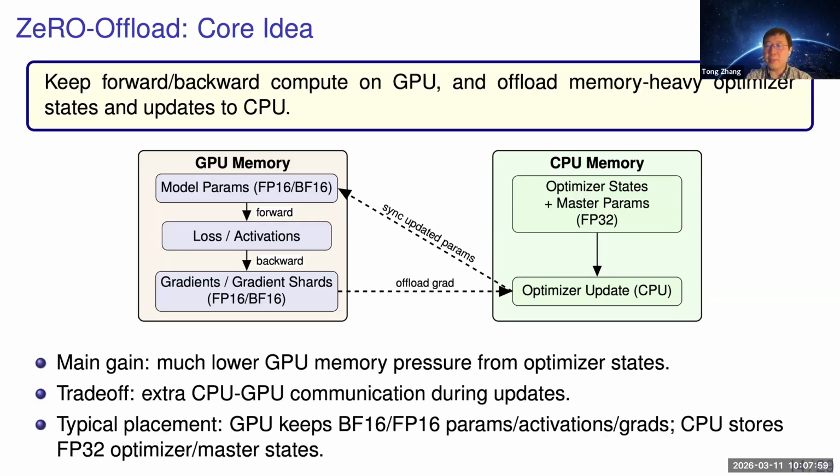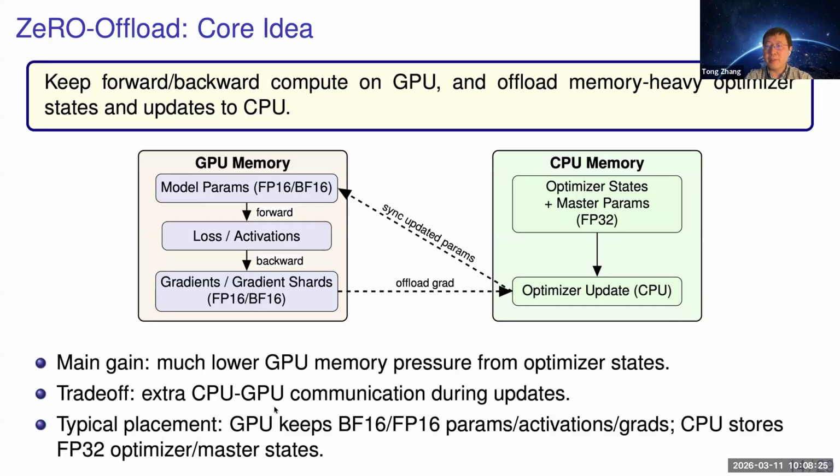The main gain is much lower GPU memory, so you can fit large models into your limited GPU memory. And this communication is certainly something that will be quite expensive, depending on the situation. In many situations, it can be expensive.